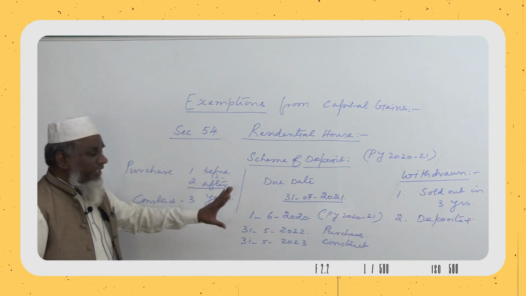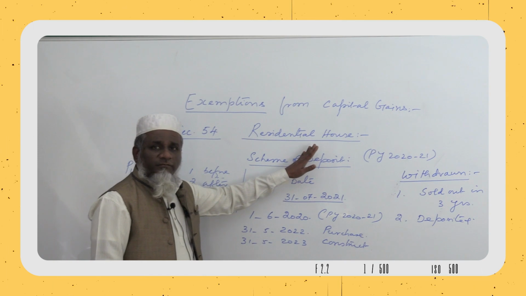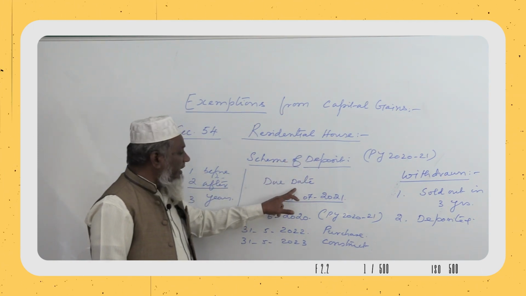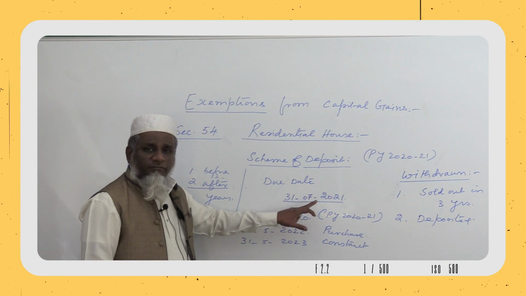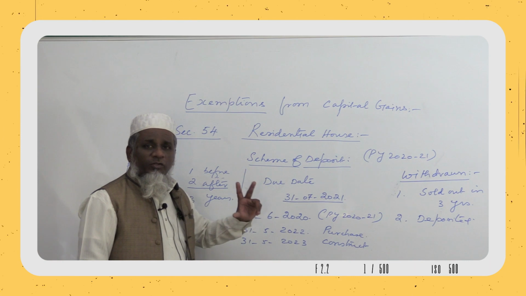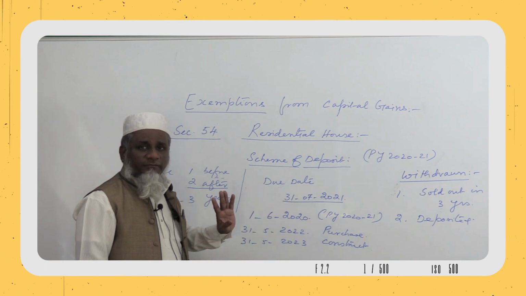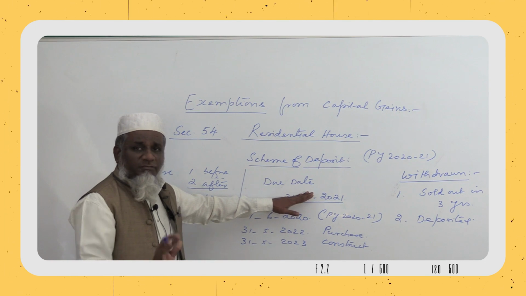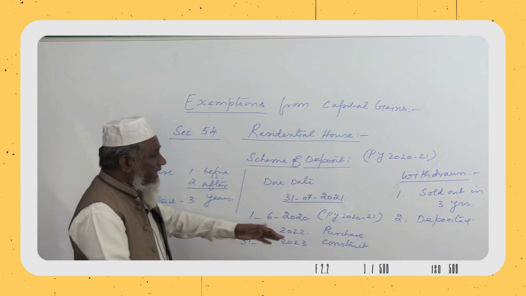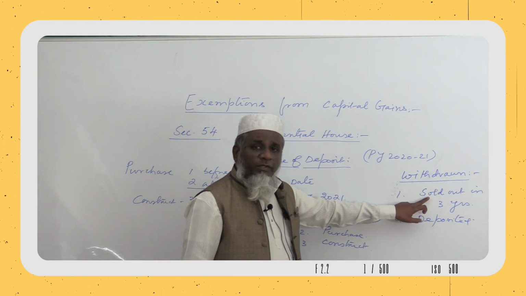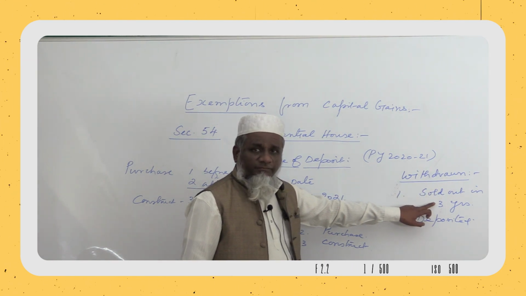The second part is the scheme of deposit. When we come to the scheme of deposit, before filing the voluntary return, the amount should be deposited if you are not able to purchase or construct. Yes, you deposit the money and you claim the exemption. After claiming exemption, the newly purchased asset should not be sold in the next 3 years.